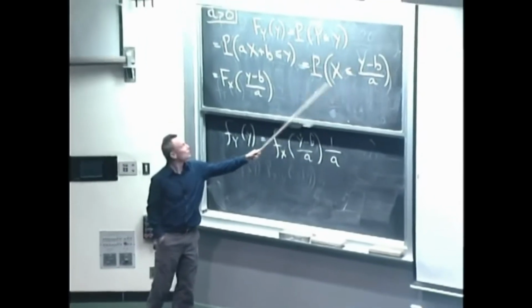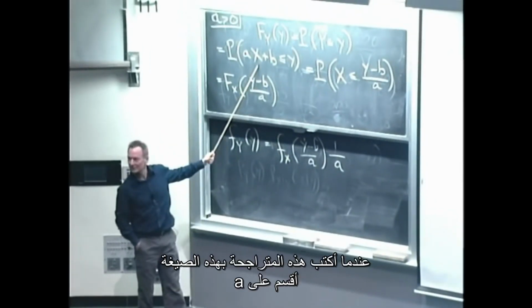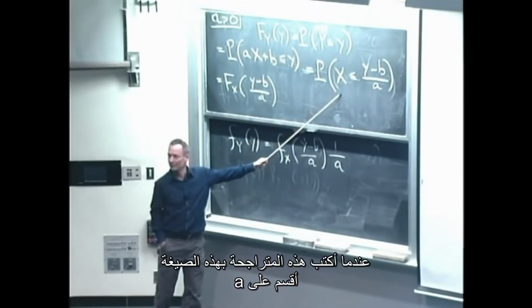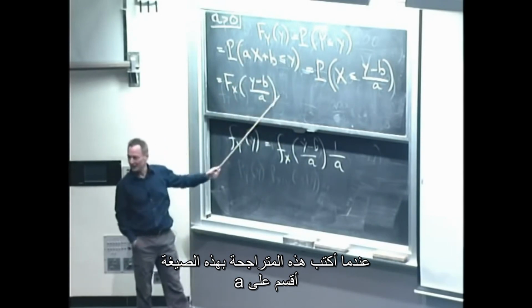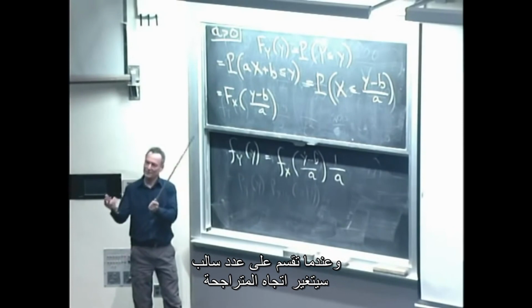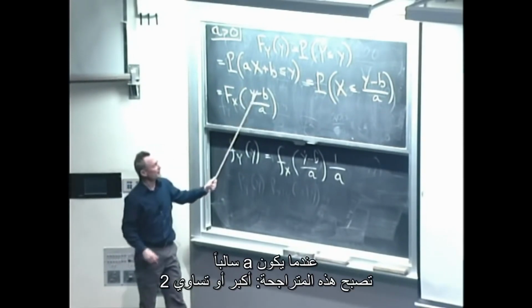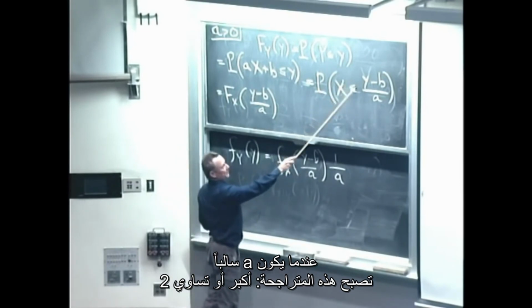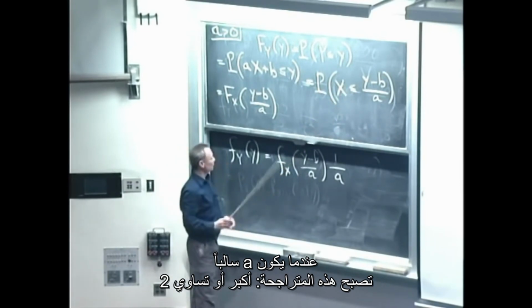Okay. So when I write this inequality in this form, I divide by a. But when you divide by a negative number, the direction of an inequality is going to change. So when a is negative, this inequality becomes larger than or equal to.